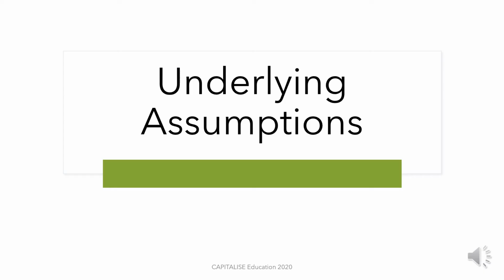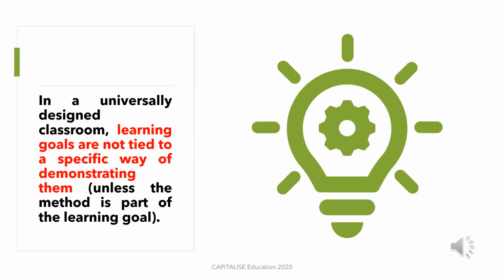Before we start having a deeper look at the UDL framework, we need to look at the underlying assumptions associated with the framework. The major idea underpinning the Universal Design for Learning framework is that in a universally designed classroom, learning goals are not tied to a specific way of demonstrating them, unless the method is part of the learning goal. So what does this specifically mean?